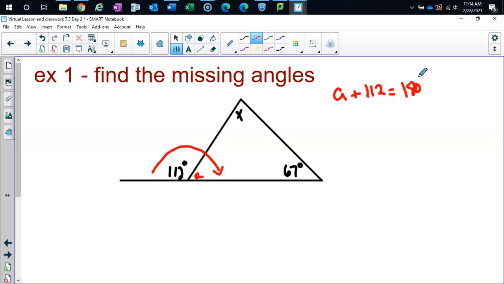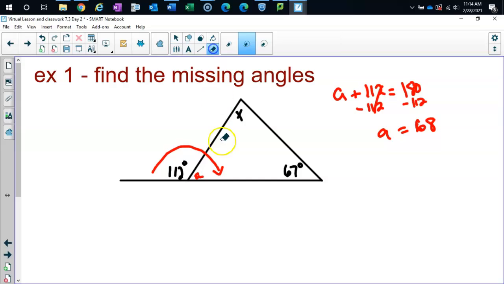Now, how do I solve that? I subtract 112 from both sides, and I end up with A is 68. So A right here is 68 degrees.